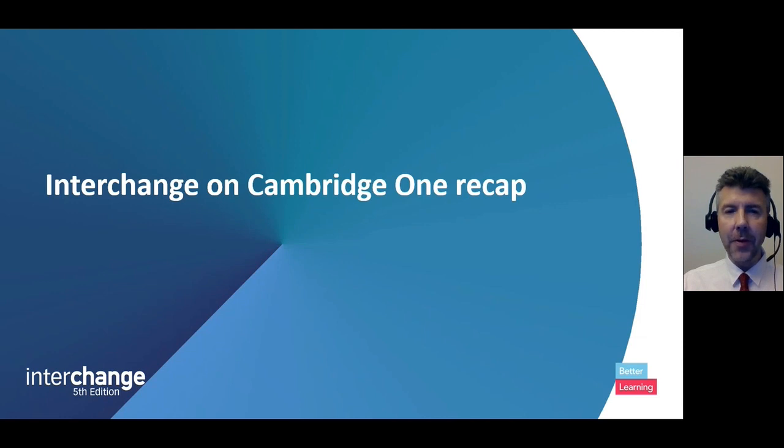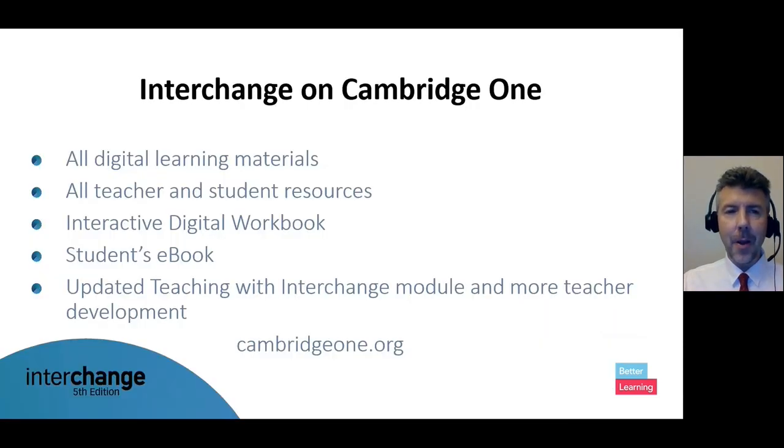So let's recap what we saw of Interchange on Cambridge One. On Cambridge One, Interchange has all of the digital learning materials. There are also all of the teacher resources and all of the students' resources. Both teachers and students can see the interactive digital workbook. Students will have access to their ebook.